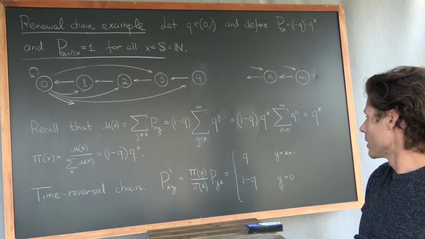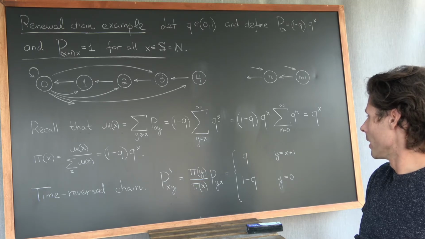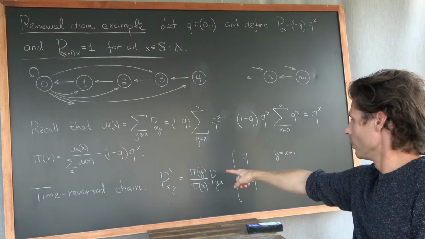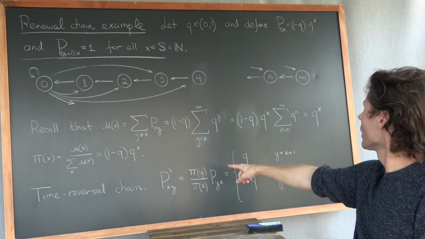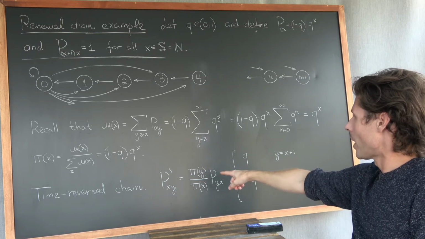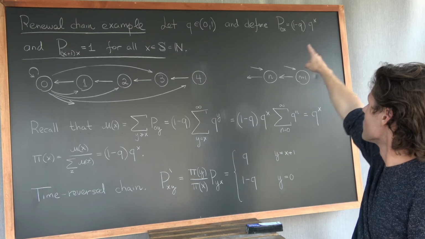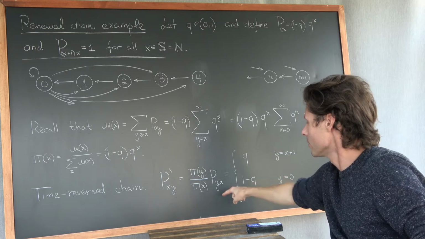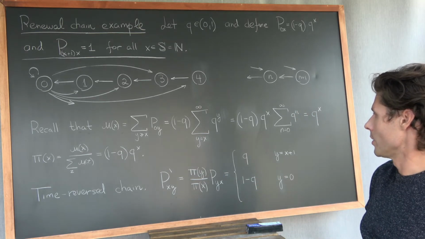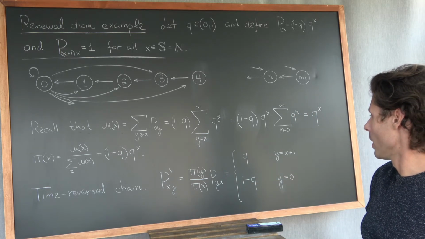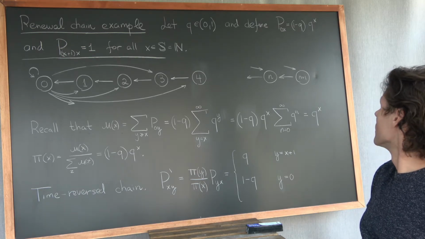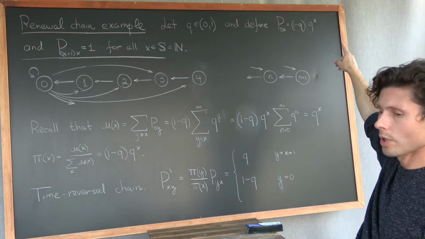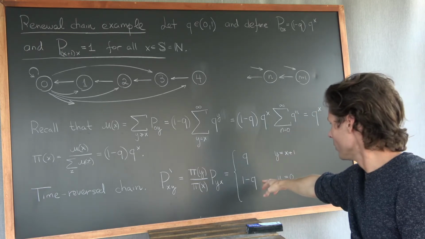So what's my pi y? The y is 0, and so at 0 you have 1 minus q. And then what's pi x? Pi x is the same thing as this transition probability. So this denominator just cancels out this for y equals 0, and you're left with just pi y, which when y equals 0 is just 1 minus q times q to the 0. So that's 1 over q.